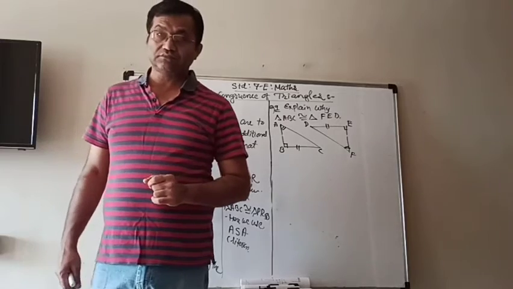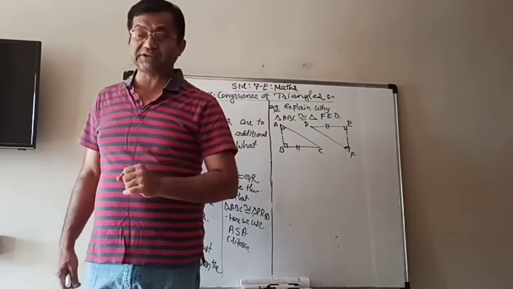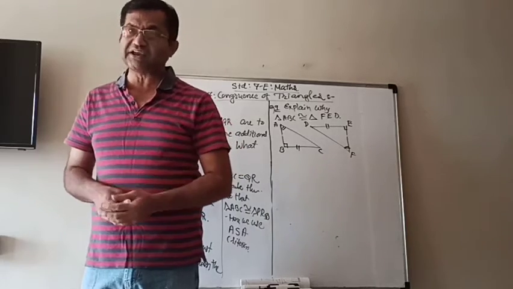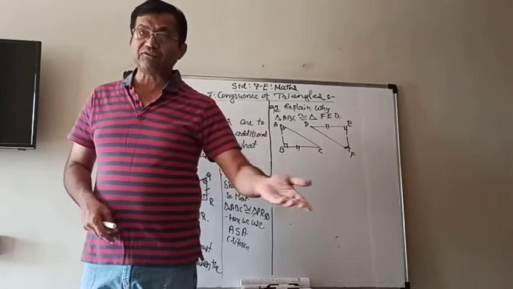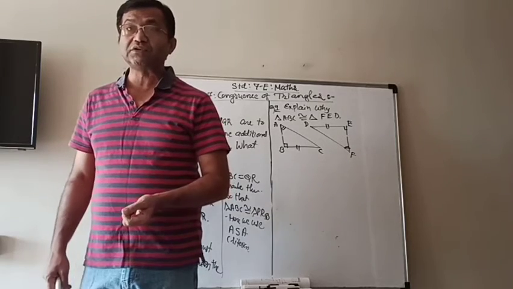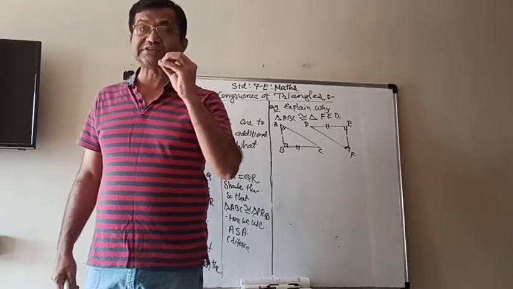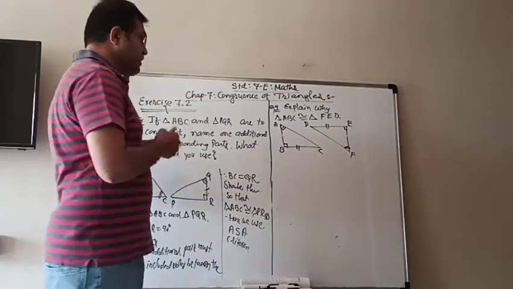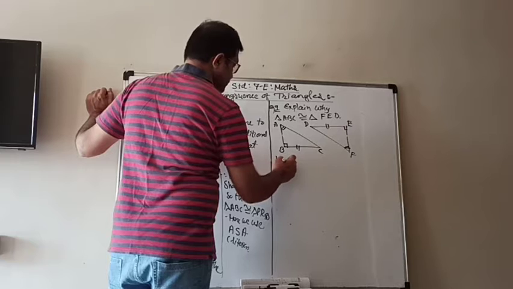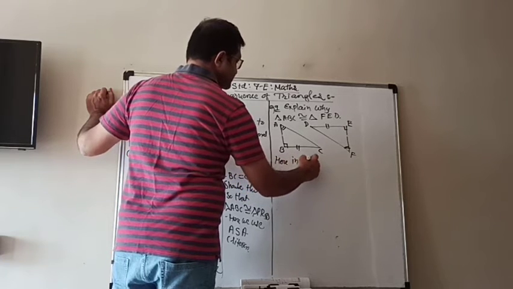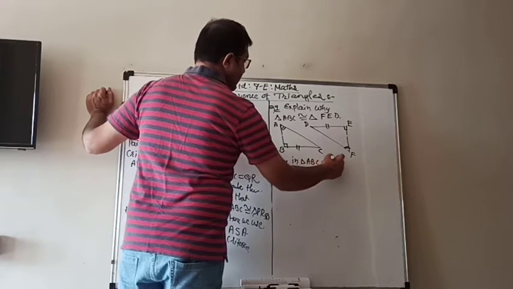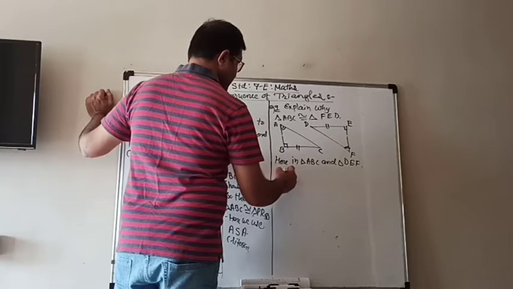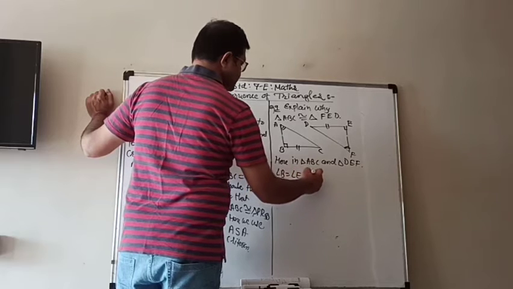Now we know the angle sum property. When in two triangles two angles are equal, therefore the third angle must be equal to make the angle sum property true, meaning 180 degrees. So here, in triangle ABC and triangle DEF, angle B is equal to angle E, 90 degrees.